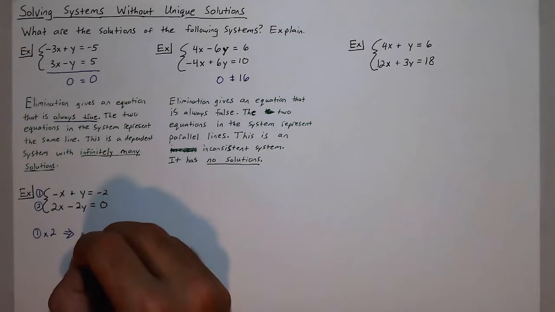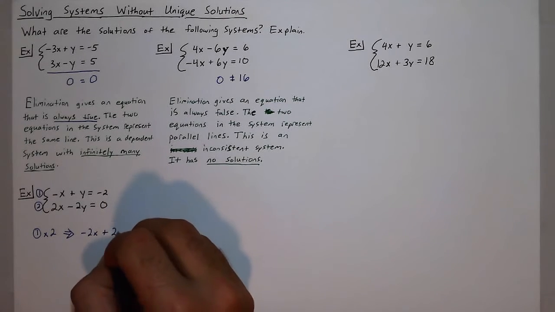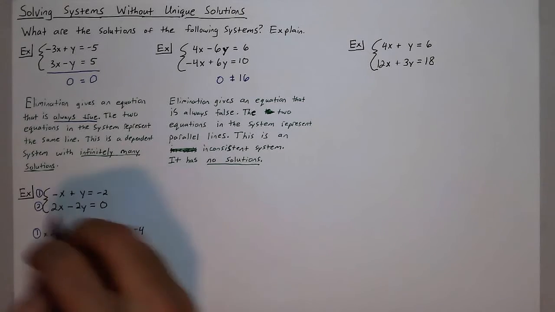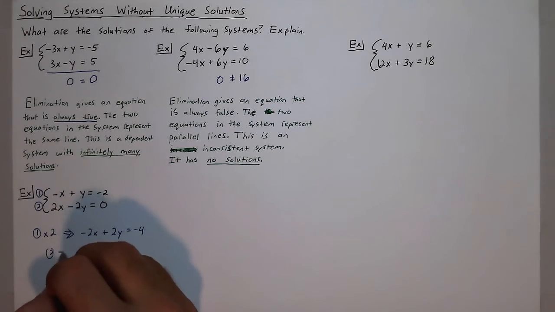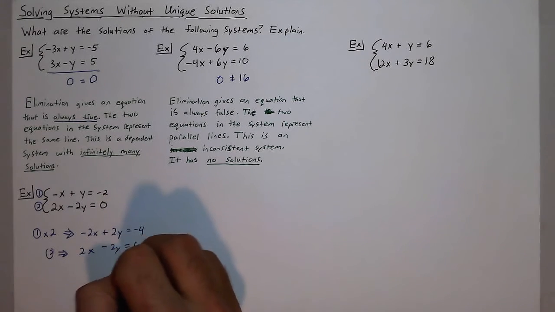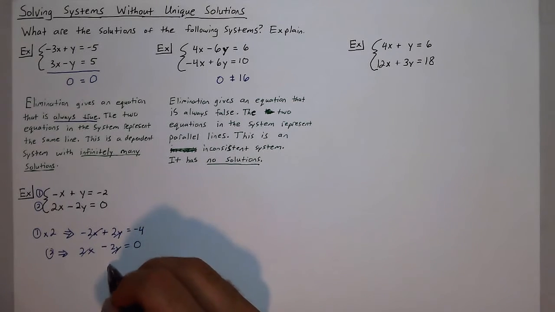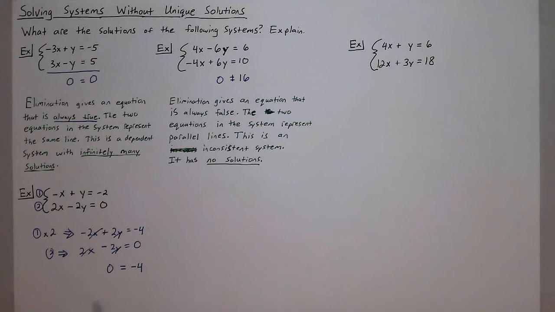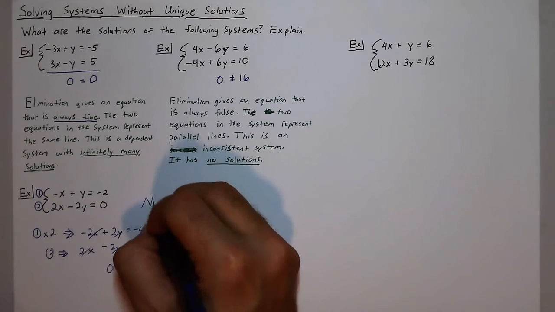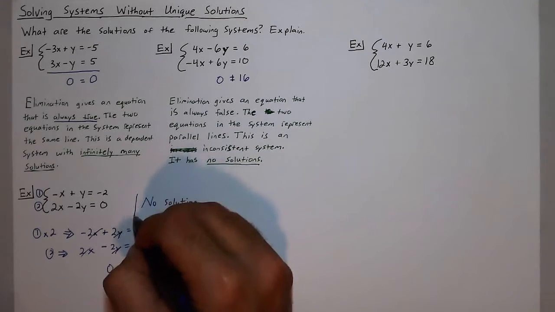So I'll have negative 2x plus 2y equals negative 4, and I'll keep the second equation exactly the same. And when I go to add these equations together, the x's will cancel and the y's will cancel, giving me 0 is equal to negative 4 plus 0, negative 4. Now, since this statement's always false, there are no solutions to this equation.